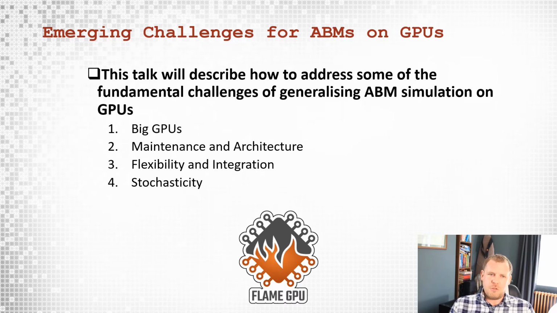And the fourth is stochasticity: a complex system, being emergent, is quite often stochastic as well. So you cannot simply run a single agent-based model and expect that to be representative of behaviour. You need to run multiple simulations and observe characteristics which are representative of the simulations that you have run.